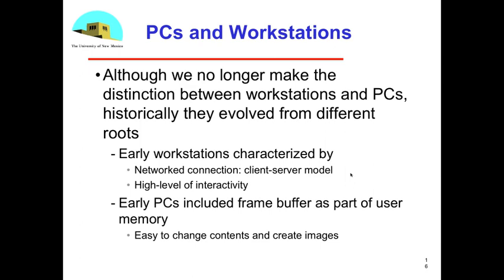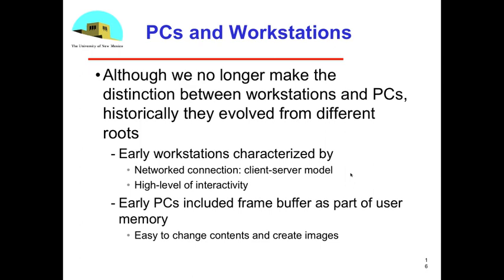So for every pixel on the screen, there were a couple of bytes in memory that corresponded to it, which made it very easy for a user of an early PC, even though the display had a very low resolution, often something like 256 by 256 pixels, to write a very simple program in something like BASIC to alter the contents of that memory location and develop their own interactive or image display graphics. So that really led to standard users being able to do computer graphics.